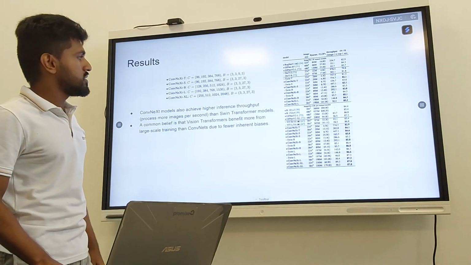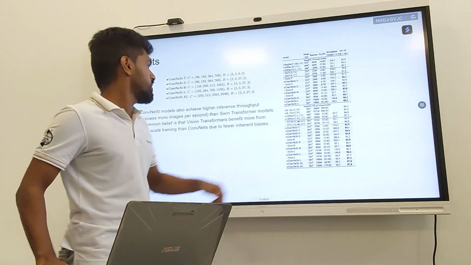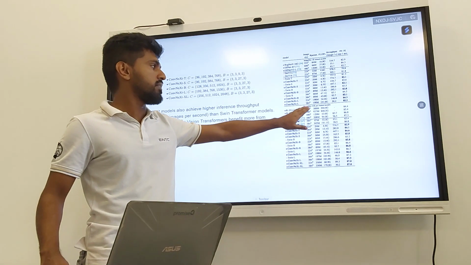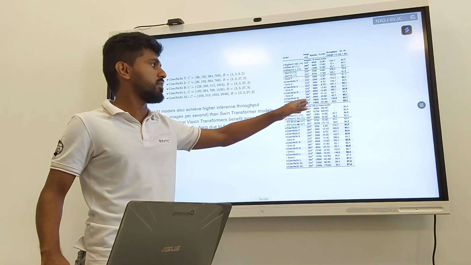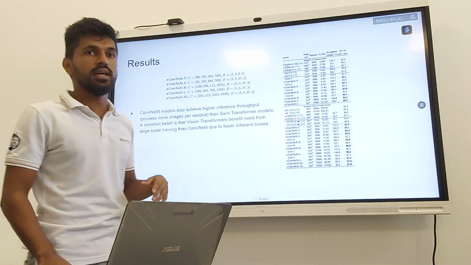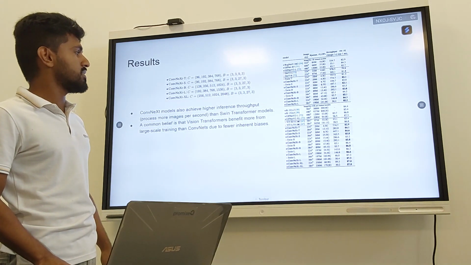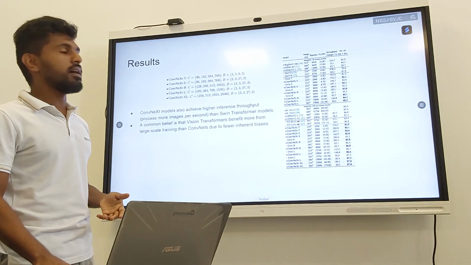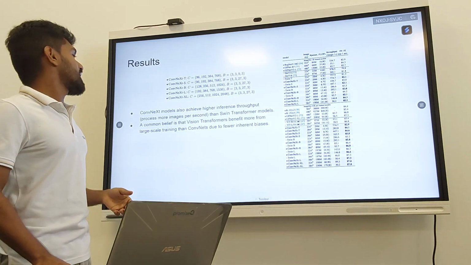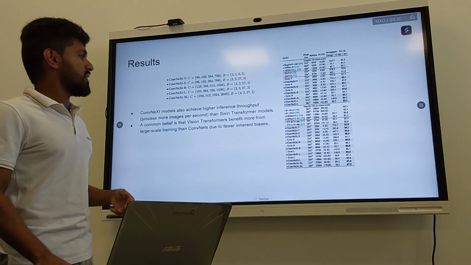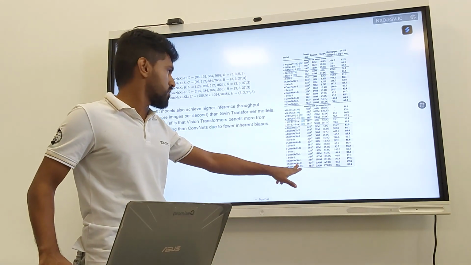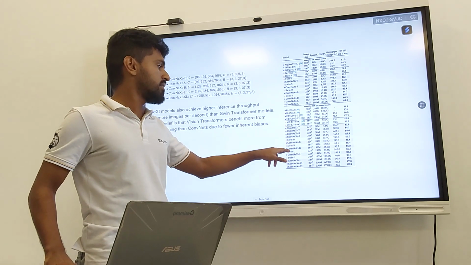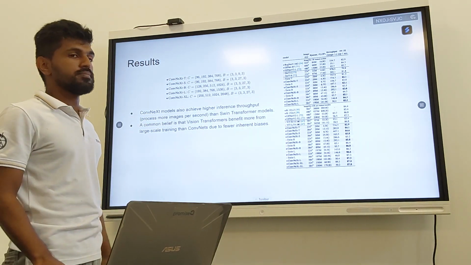Also in the ImageNet 22K pre-trained model, we know ImageNet 22K is a much larger dataset. We know the transformer model needs much more data for training, and even in that situation, ConvNeXt models perform well with the large amount of data, better than the Swin transformer models.